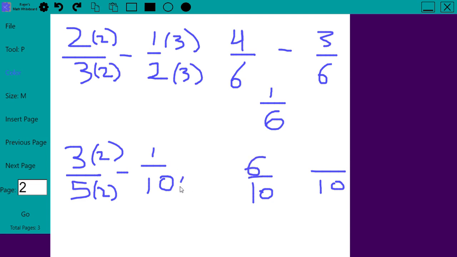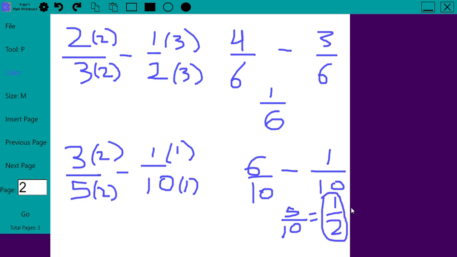And for the 10 here, I multiplied 10 by 1 to get to 10, so I'm going to do the same thing at the top. 1 times 1 is 1. Subtract, and my answer is going to be 5/10. If you needed to simplify, 5 over 10 is the same as 1/2. So that would be your simplified answer: 1/2.